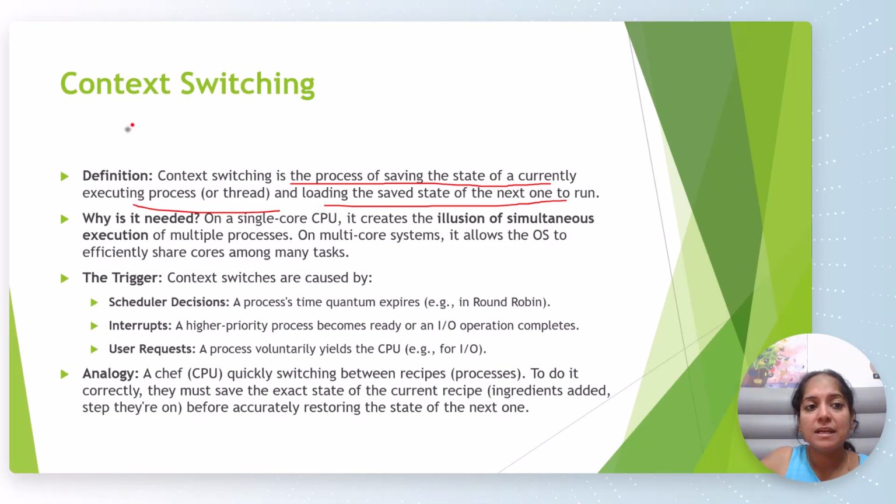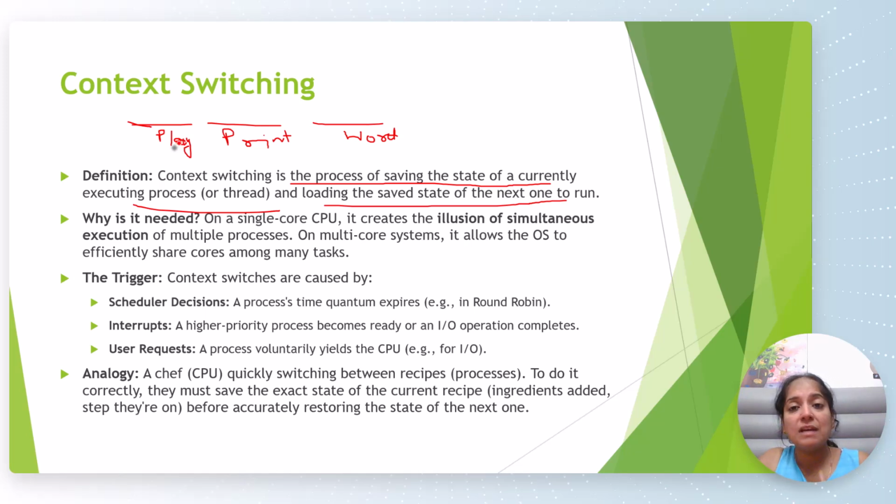For 2 milliseconds, it will play the song. Then for 2 milliseconds, it will take a printout. Then for 2 milliseconds, it will perform the operations in your Word document. Then again for 2 milliseconds, it will play your song and so on. And this switching is so fast that we think all the operations are executing simultaneously.